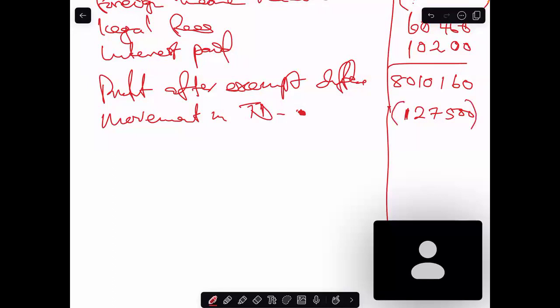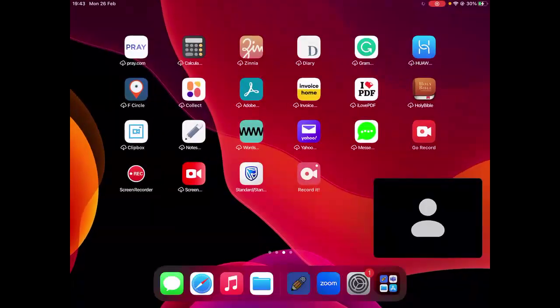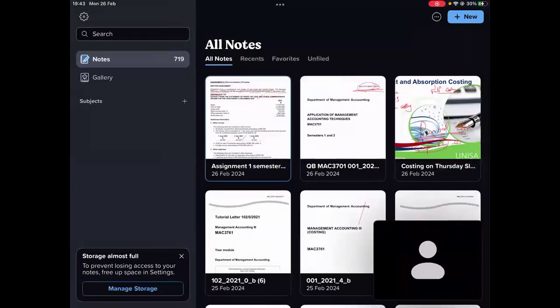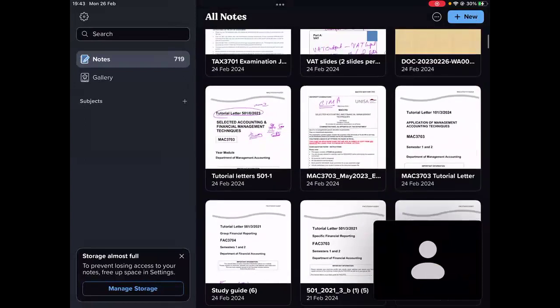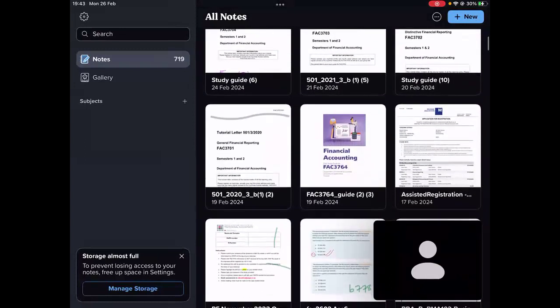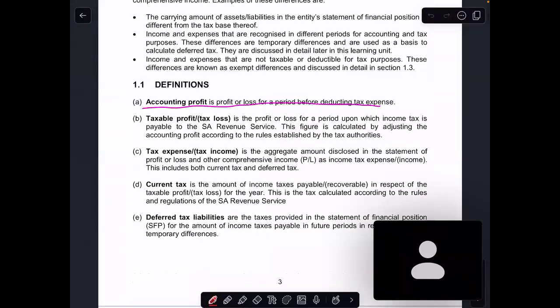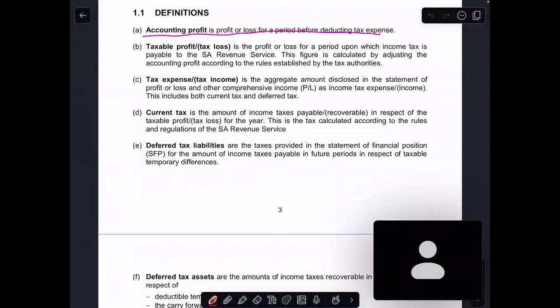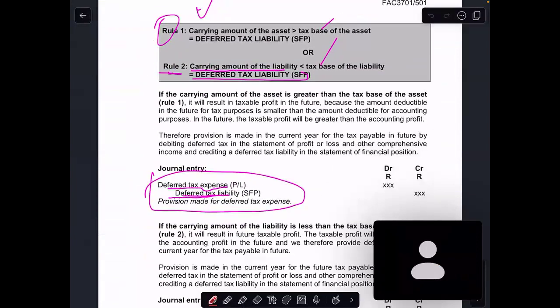Right, we deduct. Let me take you to your study guide so that you won't have a problem when it comes to this one. Students struggle with how to treat this. Where's that study guide? This one. You see that story where we're saying when this is greater than this, this is greater than this. Temporal difference.